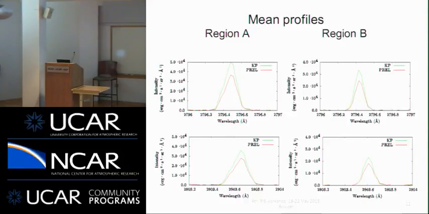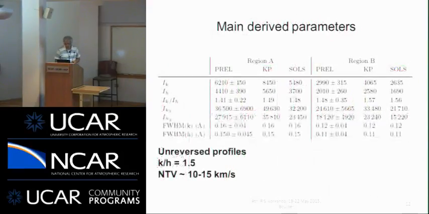In region B, K, H. With, of course, different scales here, and the intensities are low. First of all, as was already mentioned, these profiles are unreversed, basically. Let us see the properties of these profiles in region A and region B. This is taken from the table, and this corresponds to the three types of calibration. This is pre-launch, this is Colin Parkinson's, this is the Wulzer or Solstice method.